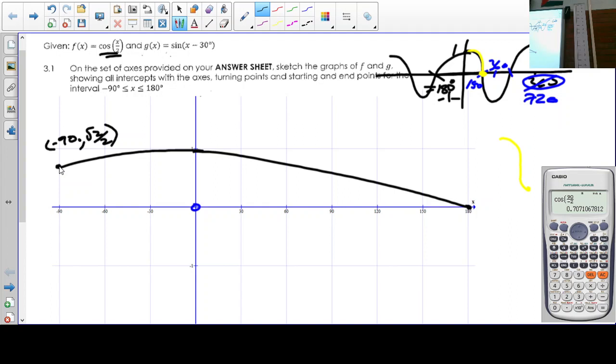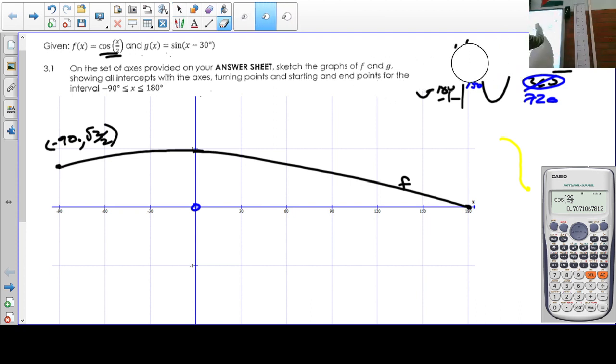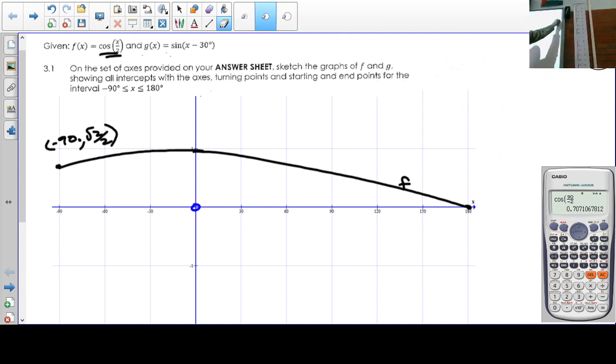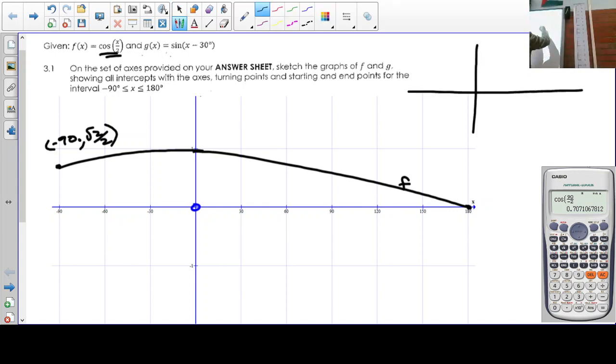Okay. Since there's more than one graph on the system of axes, I label it. So that is f. Then the g of x graph. The g of x graph is a sine graph. So let's draw the sine graph. The basic sine graph does that, and that is normally 360.